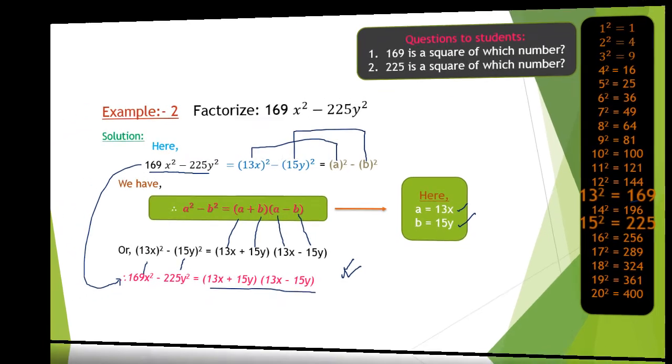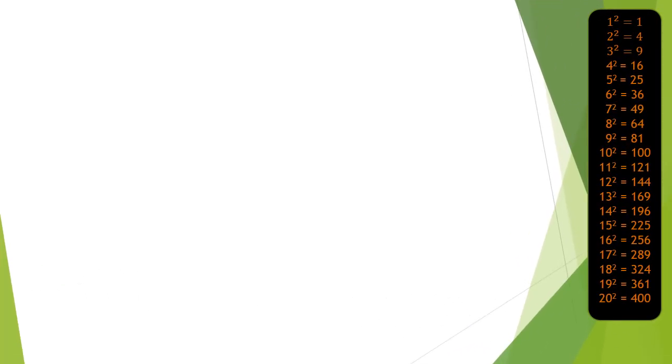Now let's move to example 3. One of the terms is in the form of a fraction, so we don't have to worry about it. What we have to care about is: 121 is the square of which number, 49 is the square of which number, and 1 is the square of which number.